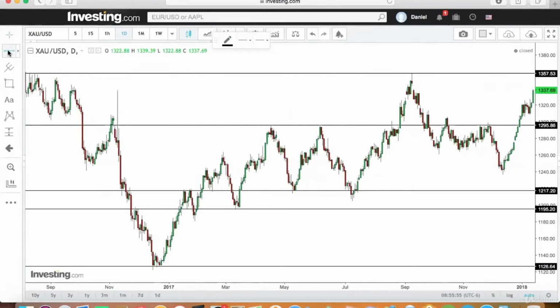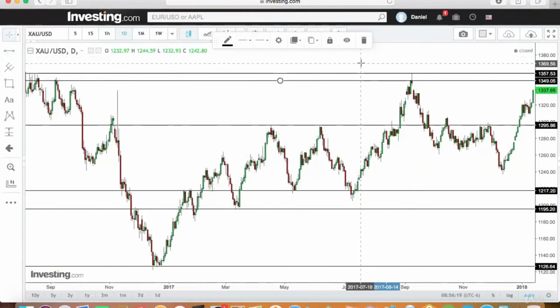So you go back to your horizontal lines and you find the wicks that have reacted off of these levels, and you come down to the bodies of the candles on top of those wicks, or on the bottom of those wicks if you're looking for support. But here we're at a level of resistance.